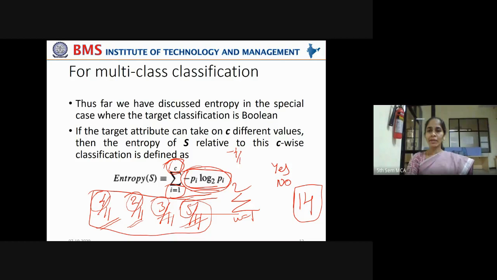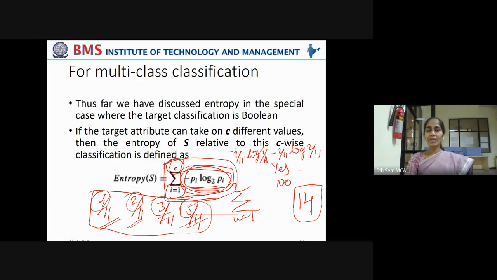Now how do we calculate the entropy of this? Minus 4 by 11 log 4 by 11, minus 2 by 11 log 2 by 11 and so on, minus 3 by 11 log 3 by 11, minus 5 by 11 log 5 by 11. That is mathematically represented as a sigma function. Sigma means summation. You are summing up all the values and giving a generic representation like this.